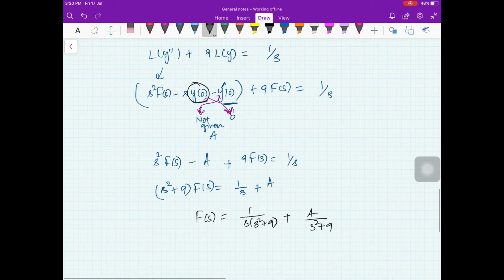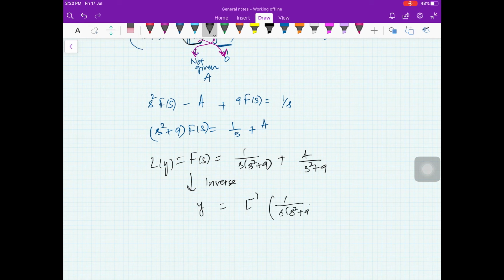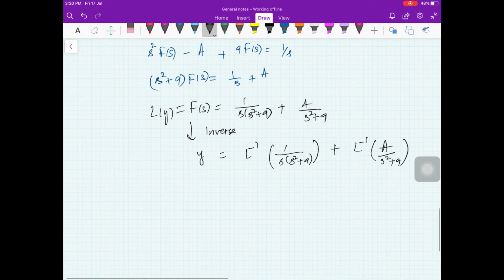Now your F of s is 1 upon s into s square plus 9, plus a upon s square plus 9, right? Because we want to find y, and this is L of y, you take the inverse, so you'll get y is equal to L inverse of 1 upon s into s square plus 9 plus L inverse of a upon s square plus 9. So here you can make partial fractions.